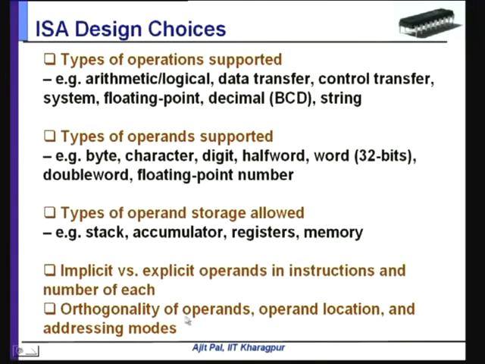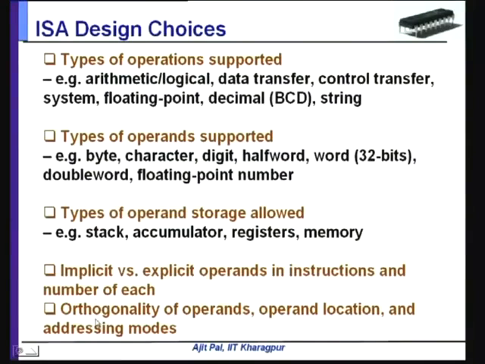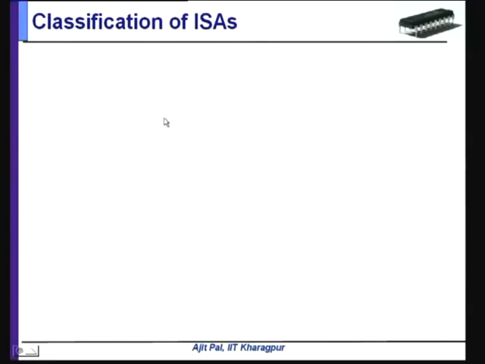Then orthogonality of operands, that means whether each operation will support all different types of addressing modes. That defines the orthogonality of operands, then operand location and addressing modes. So, these are the various design choices of an instruction set architecture.